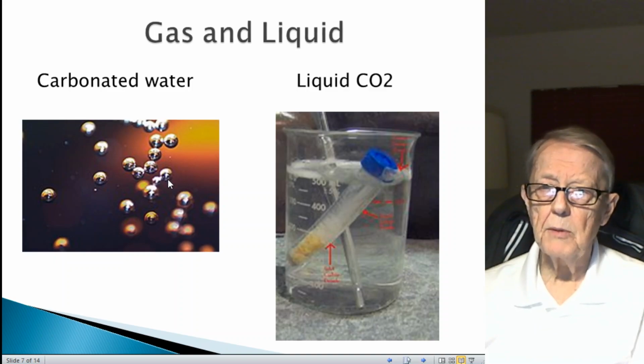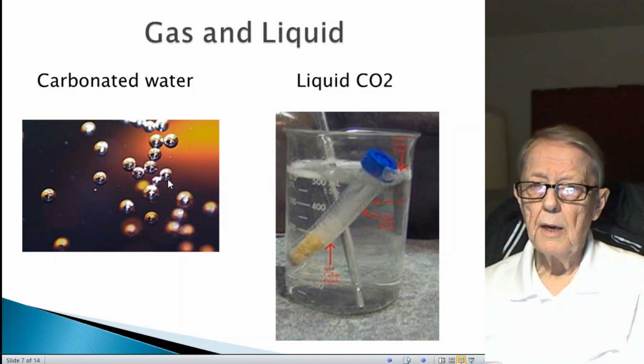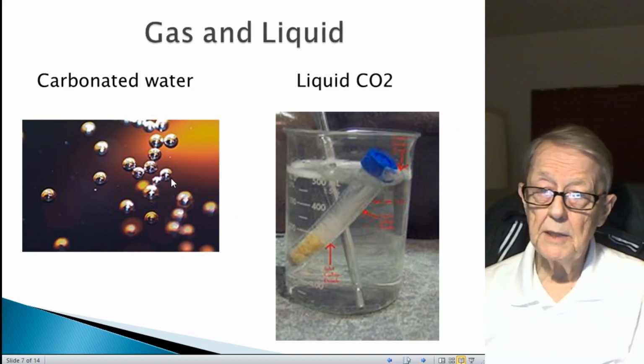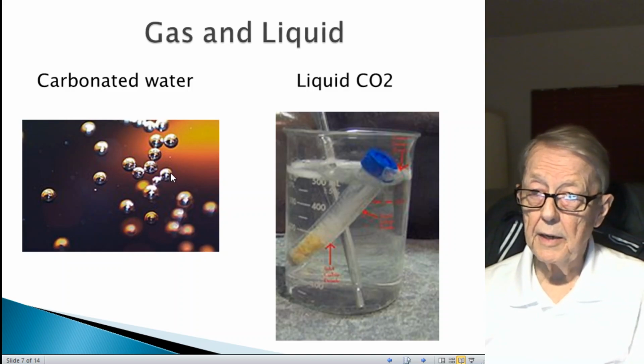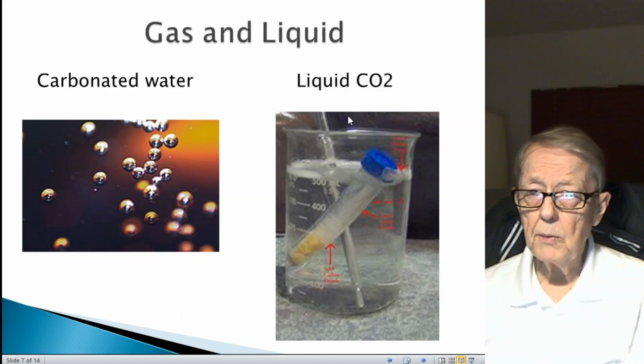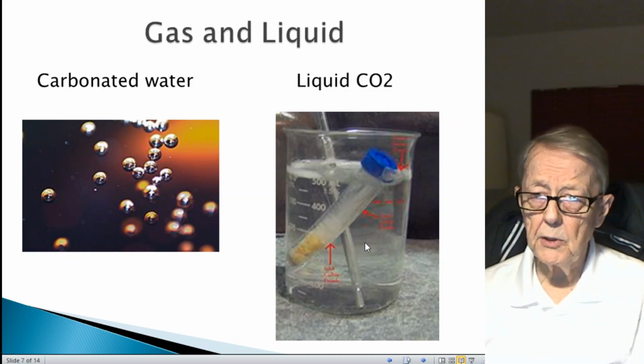it's used in a lot of food processing. I was amazed when I looked up CO2 on the internet and how many different times it's used for something. It's used to filter coffee. But you can have liquid CO2, and this is the only picture that I could find that I might make sense from.